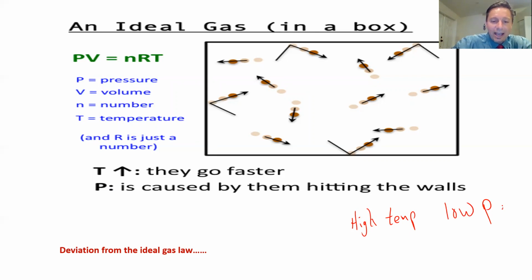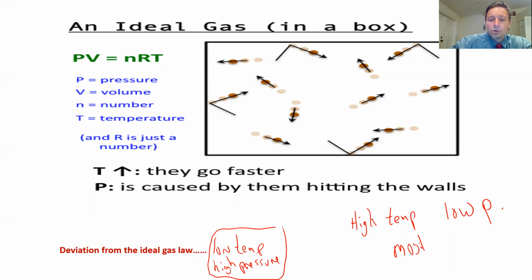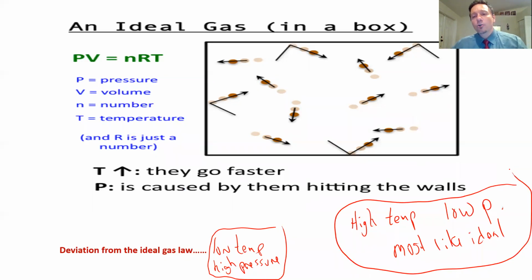Deviations from an ideal gas happen at low temperatures and high pressure. Those are some key concepts. You have that in your notes already, but it wouldn't hurt to get that down again, because that is a very important concept when it comes to gases.